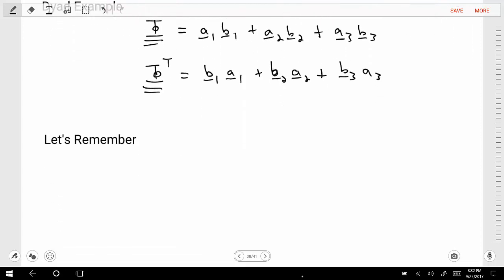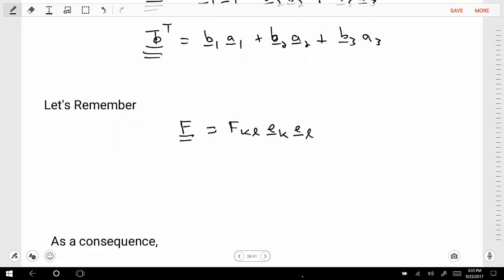Now let's remember, we found that if we had some tensor f, it could be defined as the components f_kl times the base vector k and the base vector l, where these two base vectors form a dyad that builds us a tensor, right?